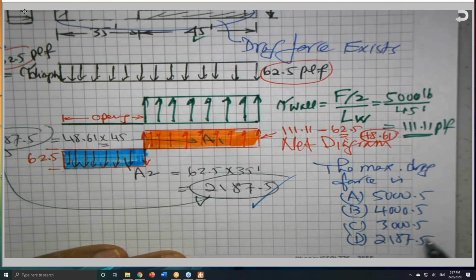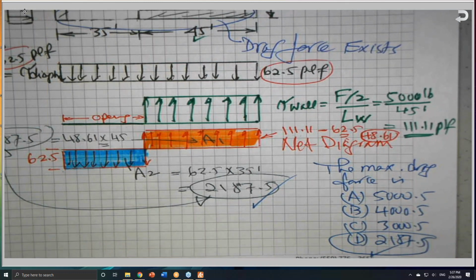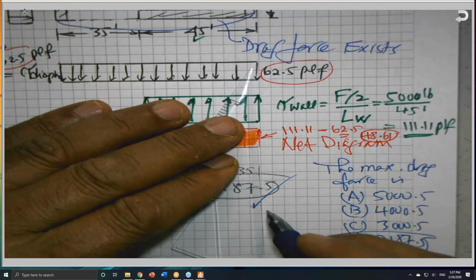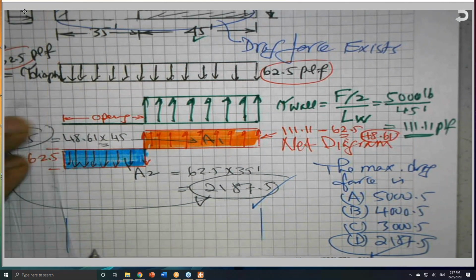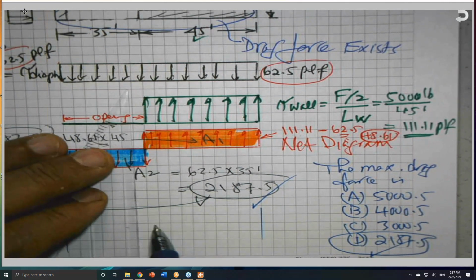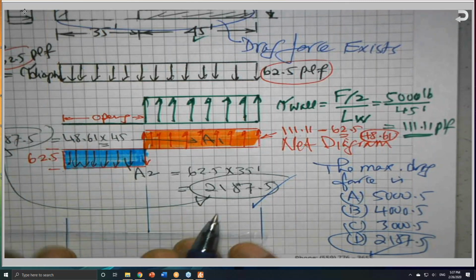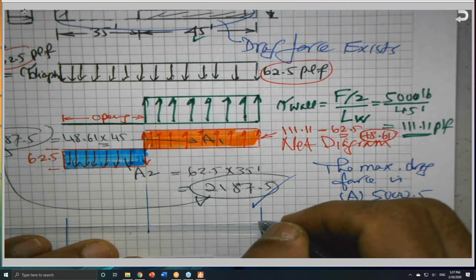It will give you 4 answers. My answer will be D. And the drag force diagram is like this. Here it is. Can you draw it? Because he might give you 4 diagrams and tell you which one is the correct one.